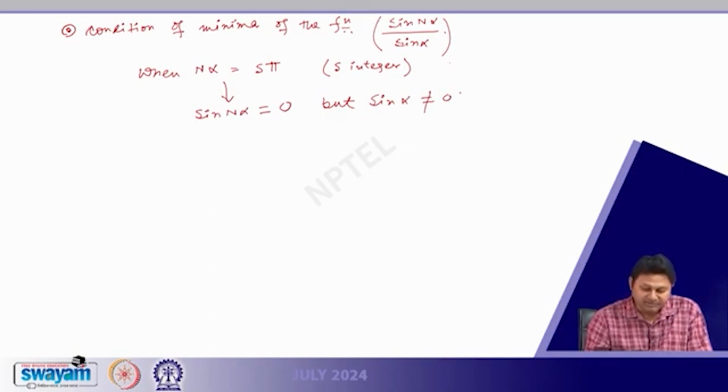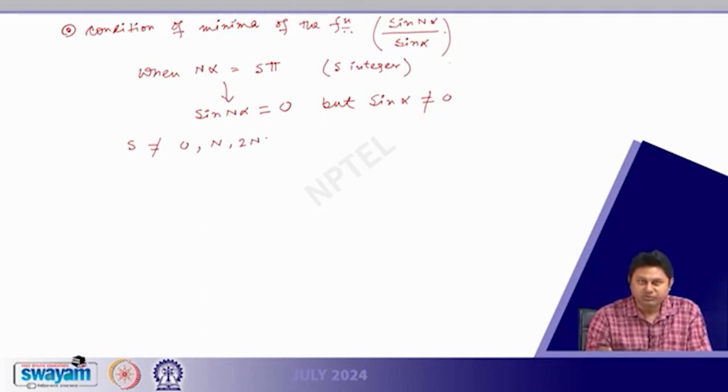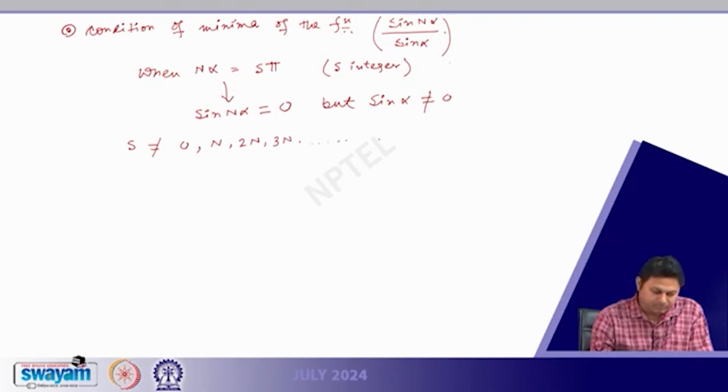So, as soon as I put sin alpha not equal to 0, that means the value of s should not contain 0, n, 2n, 3n and so on, because at these points the function goes to maximum.